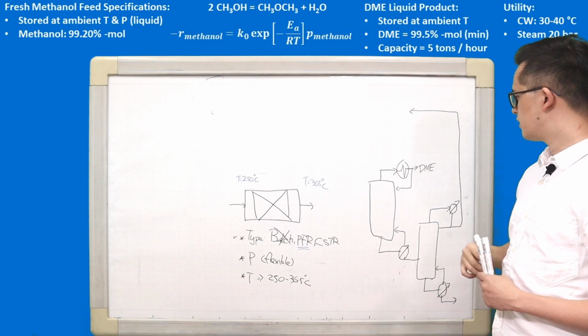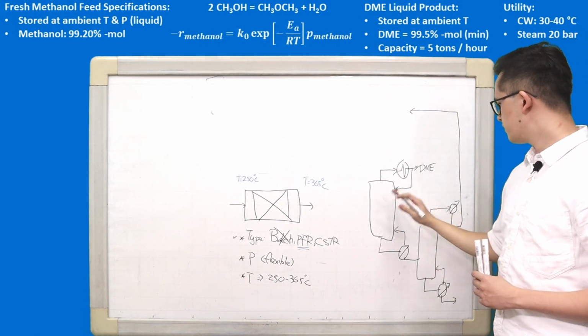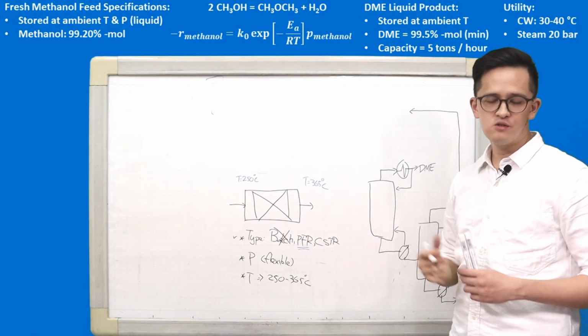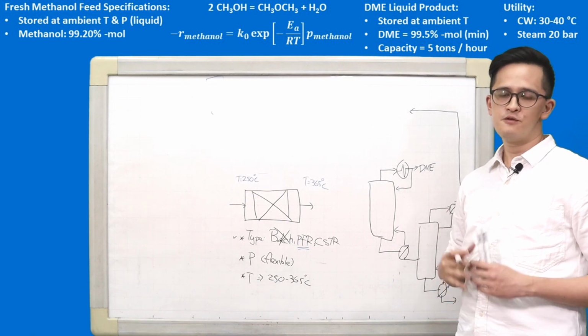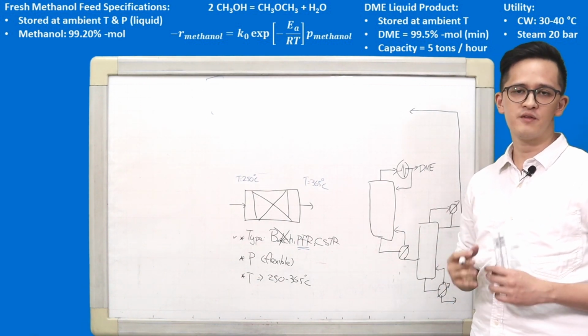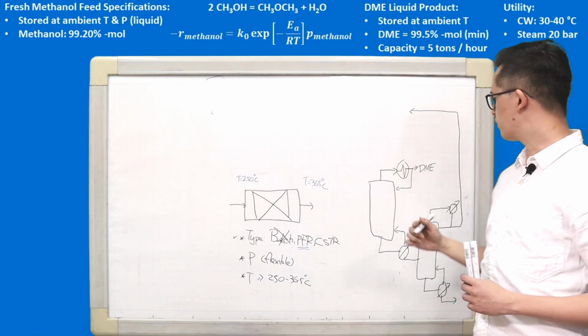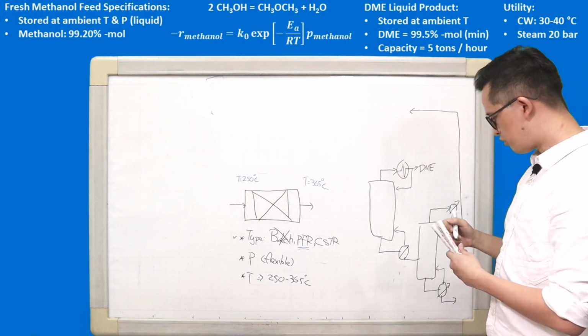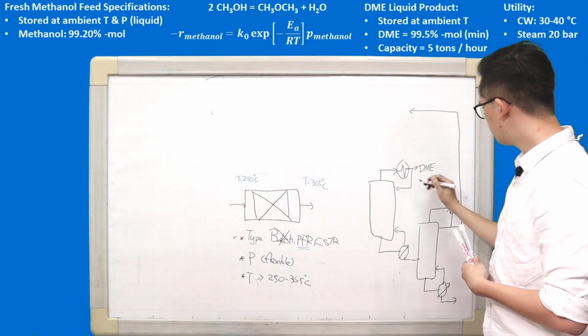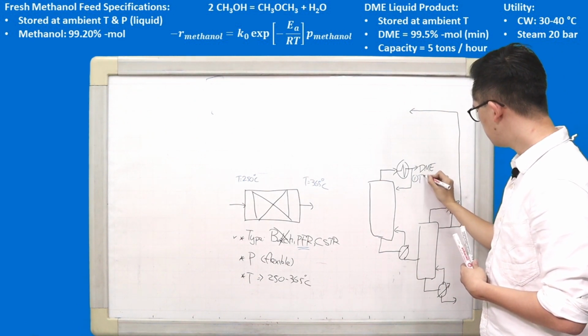Okay, so this is the hierarchy or the procedure to design a distillation column. First, we have to set the operating pressure at the top. Okay, so the order will be, first we have to set the P at the top.